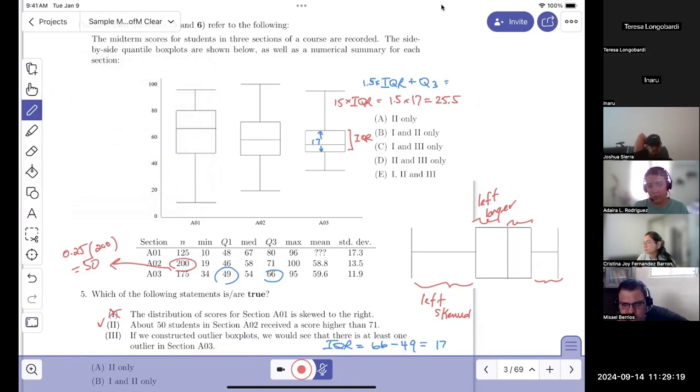1.5 times IQR is 25.5 plus Q3, which was 66, gives us what value? Oh, you guys did it before me, 91.5. So 91.5 is below the maximum here.